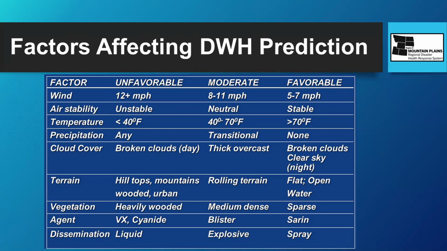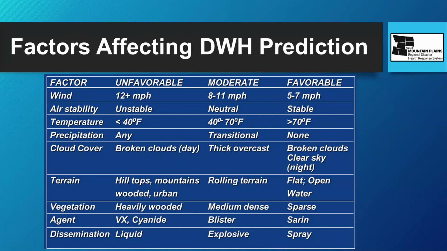Unfavorable conditions, as you might guess, are windy days, cool temperatures, because that tends to keep the chemical around longer. The terrain, now this is focused more on natural terrain, but let's include urban settings with buildings, etc. and the particular agent and method by which it was disseminated.